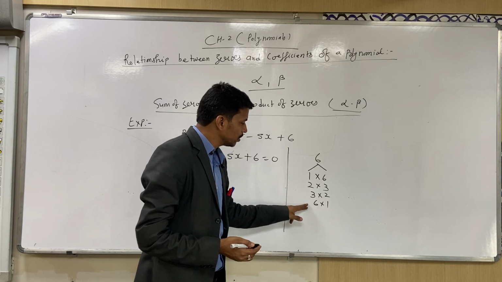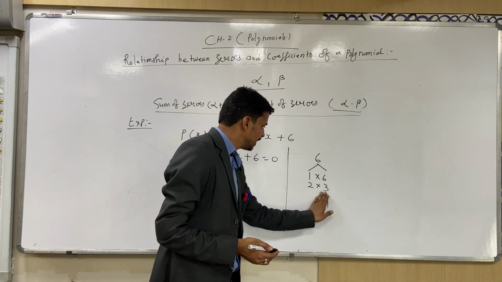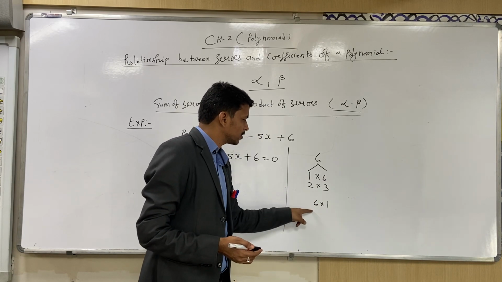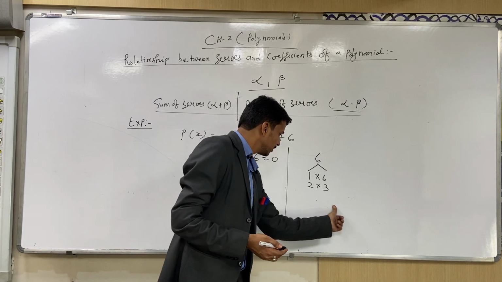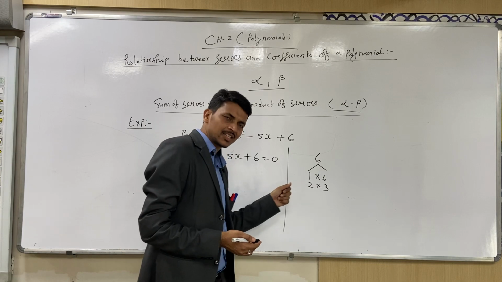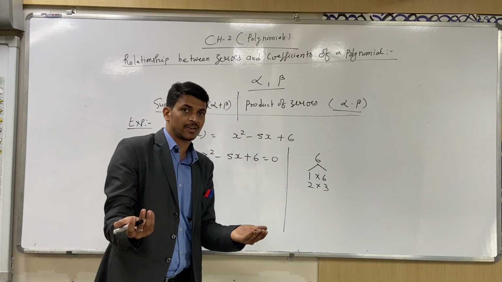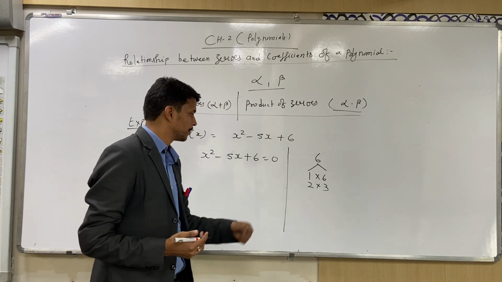Out of these 4, 3 into 2 and 2 into 3 are the same, so we can take any one. Same way 1 into 6 or 6 into 1, we can remove any one. I'm just revising the things so those who have forgotten can understand again.